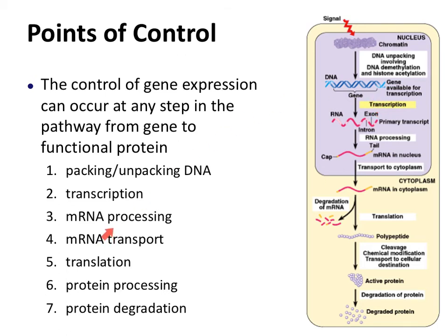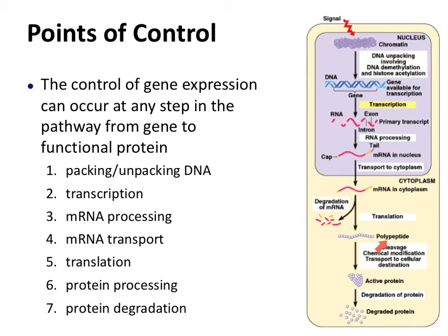I can also have RNA processing, like splicing, adding the caps and the tails. I can also control whether or not and how the RNA is actually transported out into the cytoplasm. I can degrade it using RNAi. Then for translation, I can do some different things to block ribosomes from binding to the RNA and prevent that from happening.